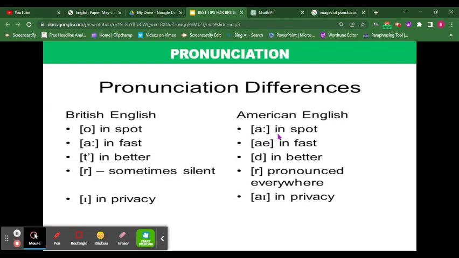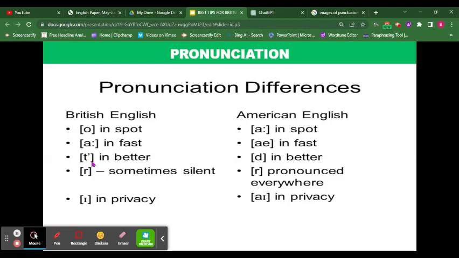In American English, it is sports. Then we have the long R in British English, as in fast, which is pronounced as a short vowel in American English. So instead of fast in British English, what we have is fast in American English.